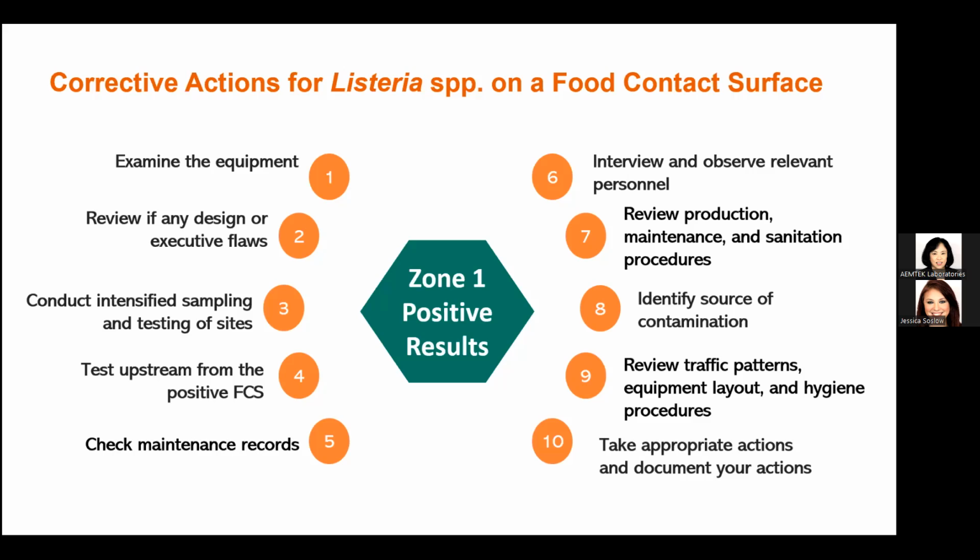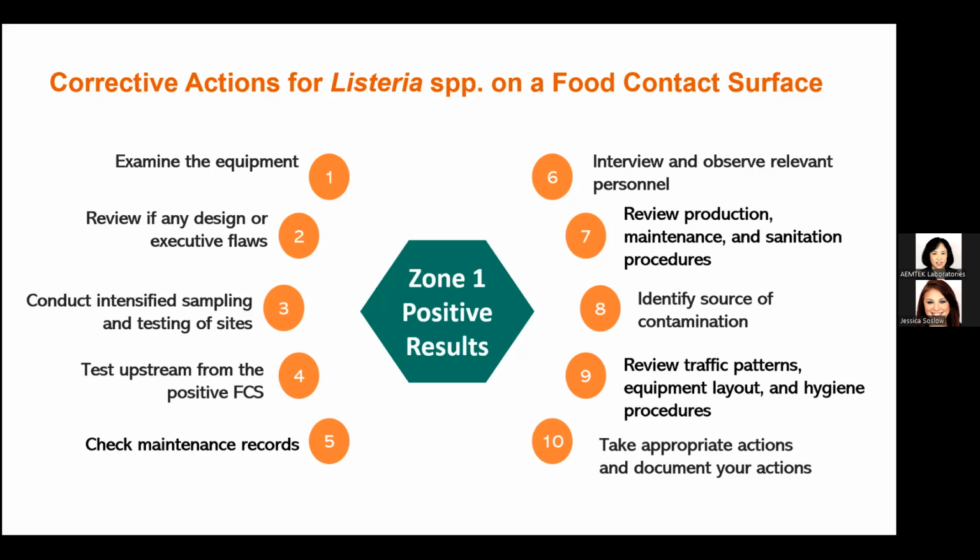You also want to test upstream from the positive food contact surface to help identify a source of contamination, and check maintenance records for modifications or for changes, and then interview and observe sanitation.